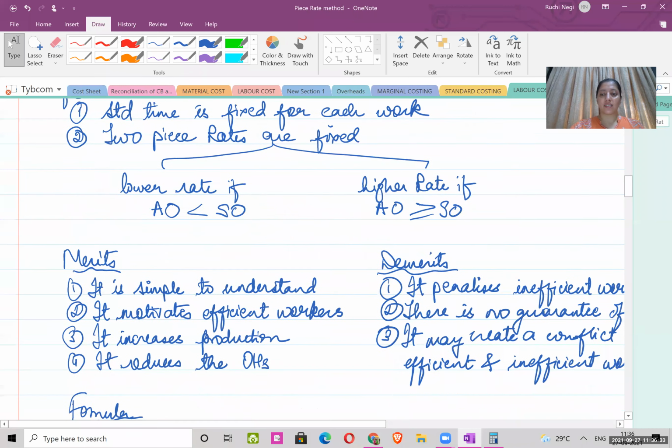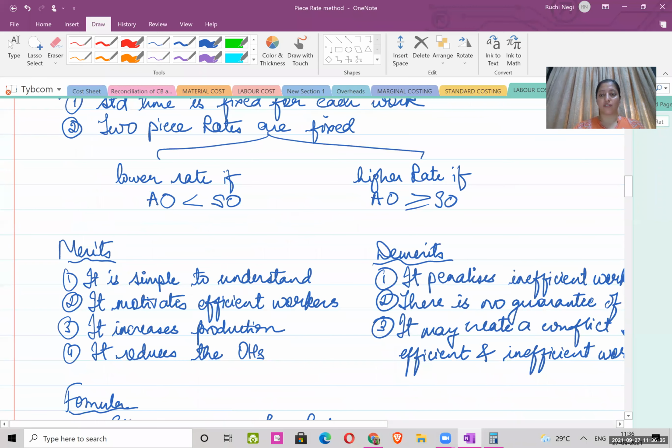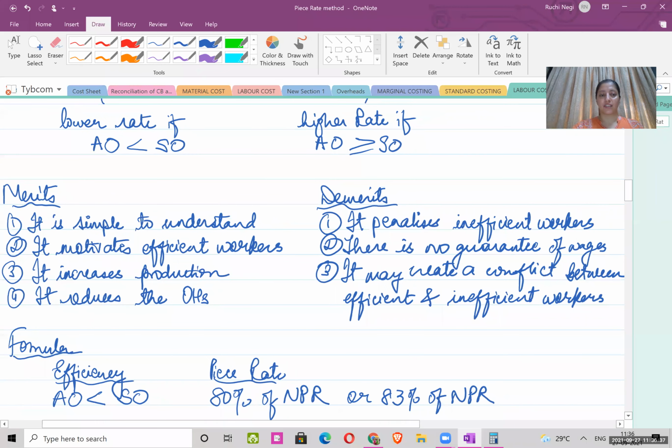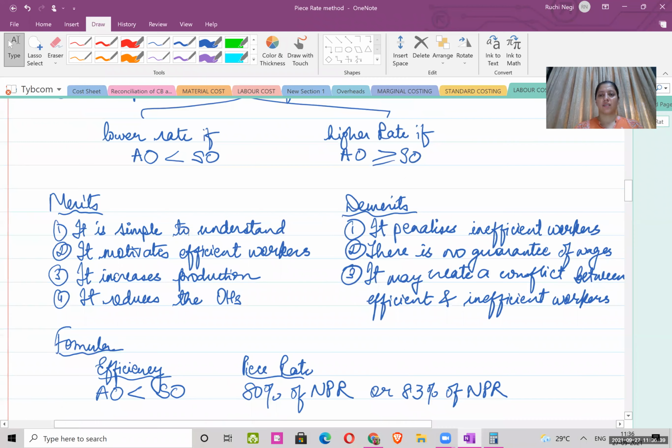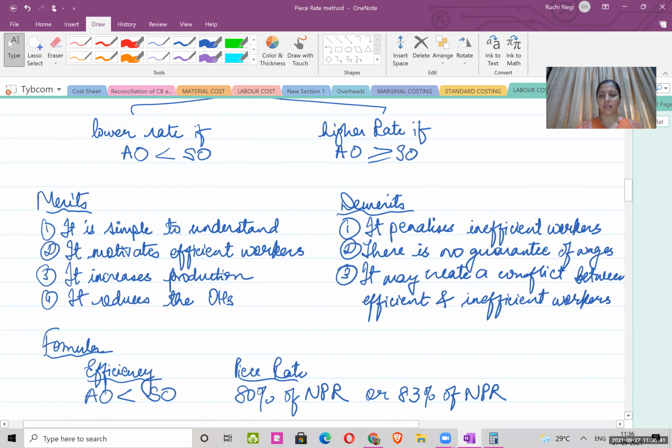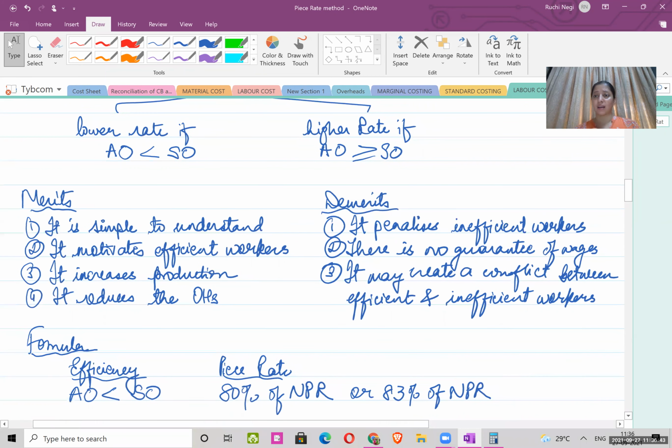So these are the merits and demerits of the Taylor differential plan. It is a very simple method, obviously you will understand when I'm doing sums with you. It motivates efficient workers definitely, as workers know that if they show efficiency, accordingly they will be rewarded.